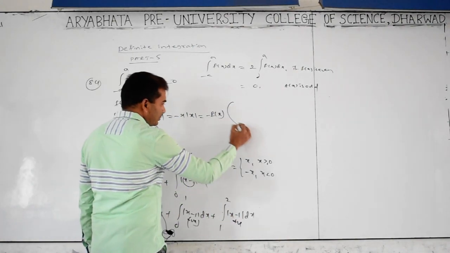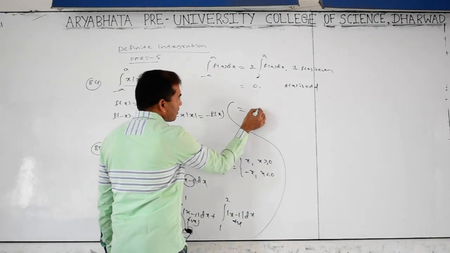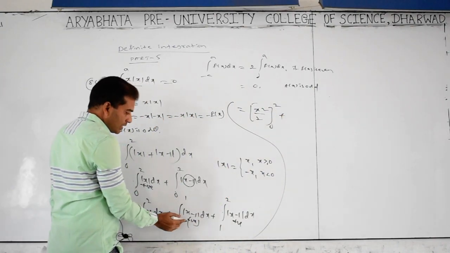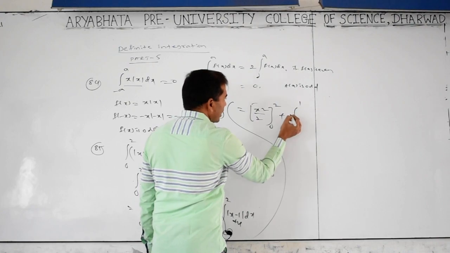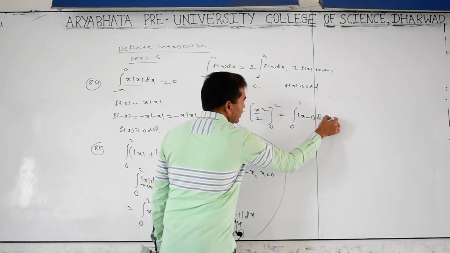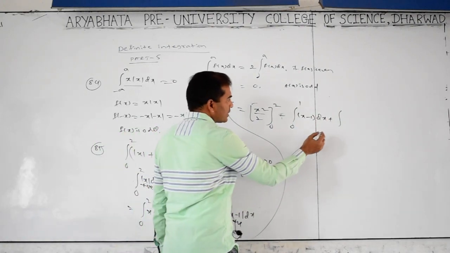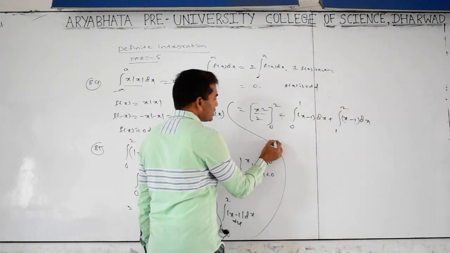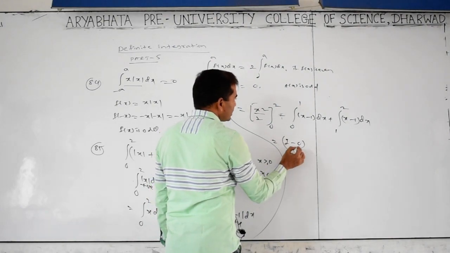Okay. Then integration of x is x square by 2, limits 0 to 2, plus, when it is negative, minus integration of 0 to 1 of x minus 1 dx, plus it is positive, the mod of x minus 1 is plus, 1 to 2 x minus 1 dx. Upper limit 4 by 2 is 2, lower limit is 0.